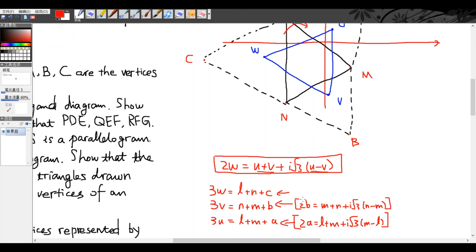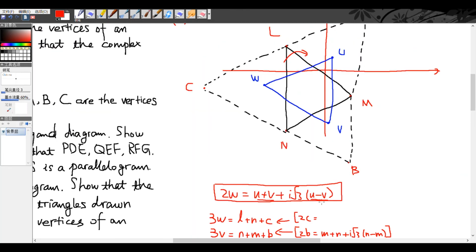And here we have 2c is equal to n plus L plus i times the square root of 3 times L minus n.